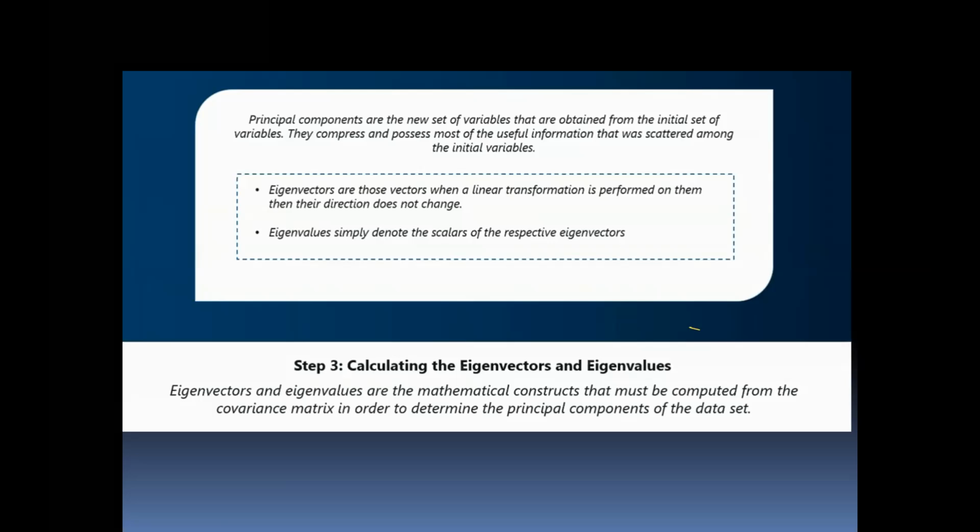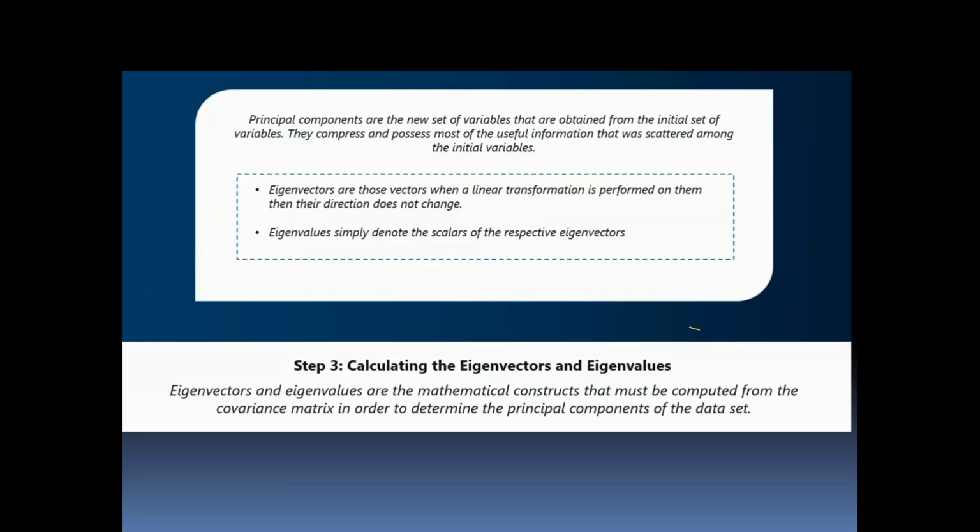Before going into depth on that process, first we have to describe the definition of the eigenvalue and eigenvector. So what exactly is the eigenvalue? It simply denotes the scalar of the respective eigenvector. In the morning I told you, it's a kind of magnitude.